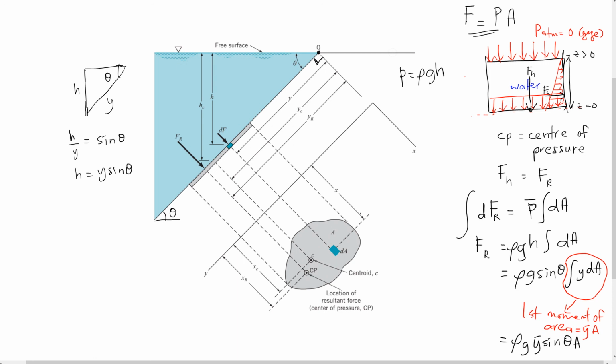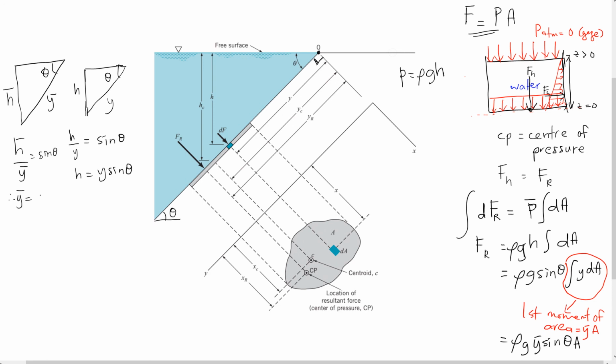Okay, so if you refer to this triangle, you try to do another triangle by using h bar and y bar. You use the same triangle with the same theta. So h bar divided by y bar is also the same as sine theta.